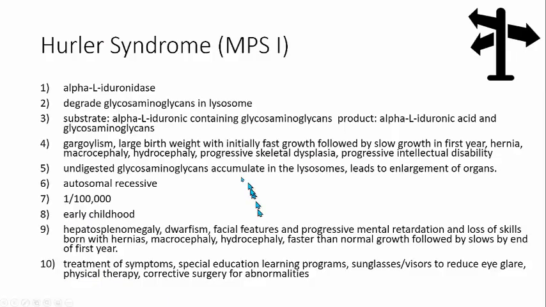Hurler syndrome is also known as gargoyleism because the children have rather large heads with very crude features. We say they look like the gargoyles on the sides of buildings. These babies are rather large at birth, with having a slightly above average birth weight.